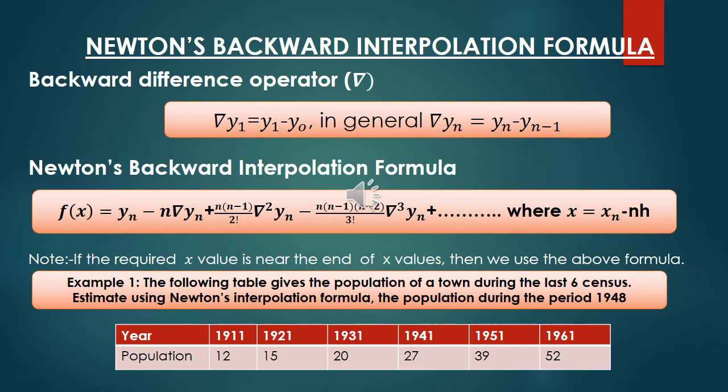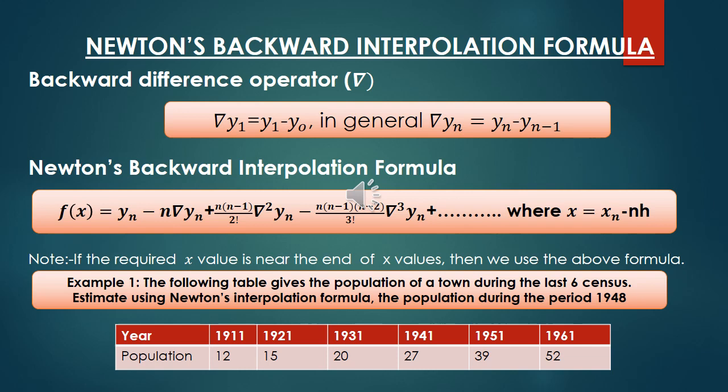Next, Newton's backward interpolation formula. F of x equal to yn plus n del yn plus n into n plus 1 by 2 factorial del square yn plus n into n plus 1 into n plus 2 by 3 factorial del cube yn plus etc., where x equal to xn plus nh, where xn is the last given value of x in the table, h is the interval of difference.